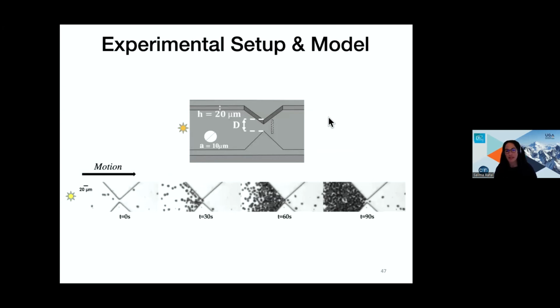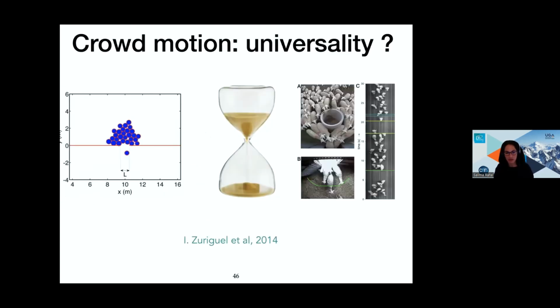The question we ask here is: does a wet system, a system of active particles immersed in a fluid with long-range interactions, typically because hydrodynamics is intrinsically long-range, fall into the same phenomenology of crowd motion, or will we observe a new behavior, or a new class of system, because of hydrodynamics?